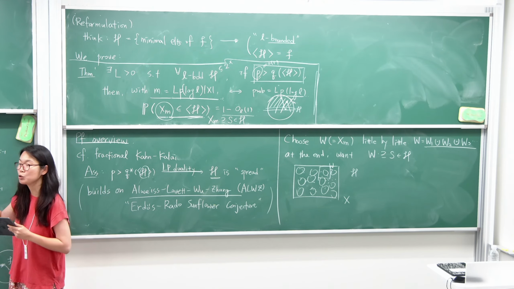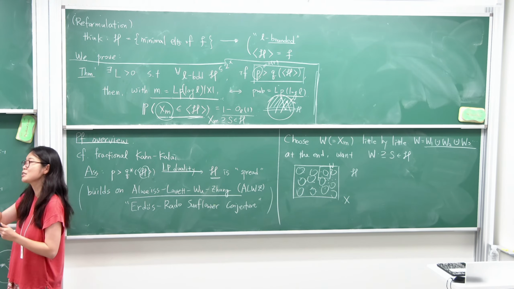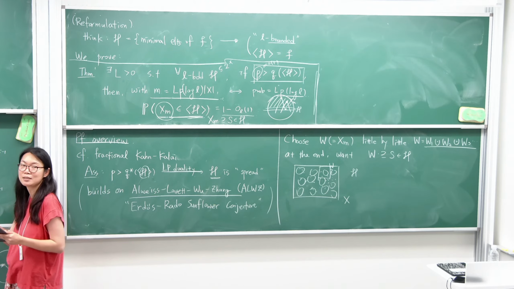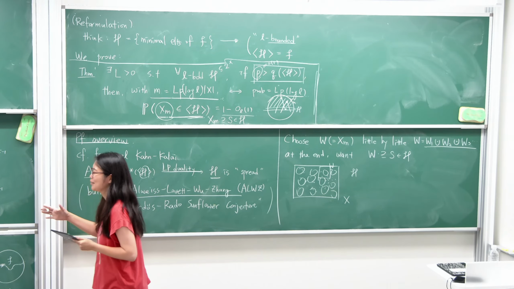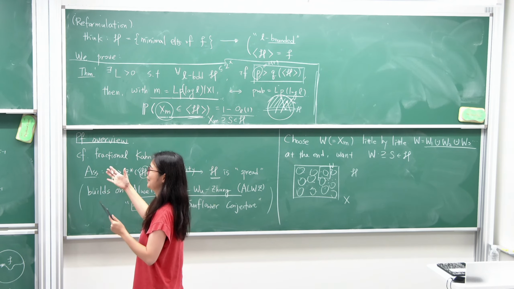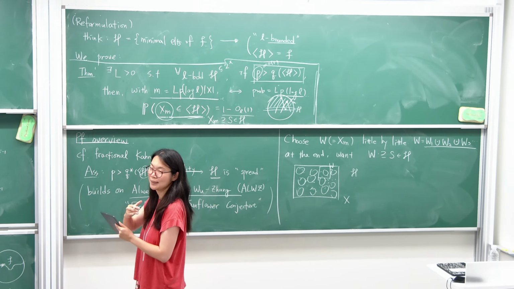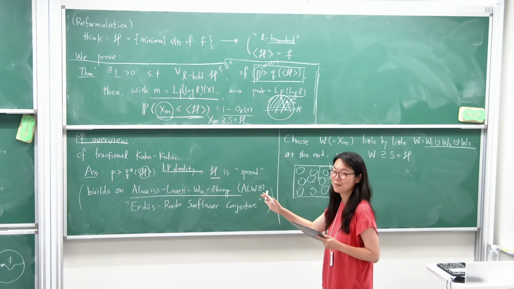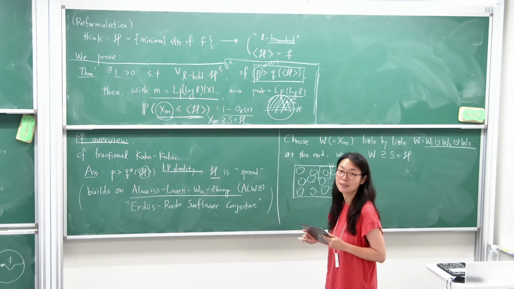And so each time we try to cover some of the hyper edges, and once some hyper edges are covered, then we kick them out and move on to the next step. So as we go on, the number of hyper edges is getting smaller and smaller. Ideally, maybe it's not. We don't know what happens in the algorithm. But ideally, we are trying to cover some of the hyper edges inside.